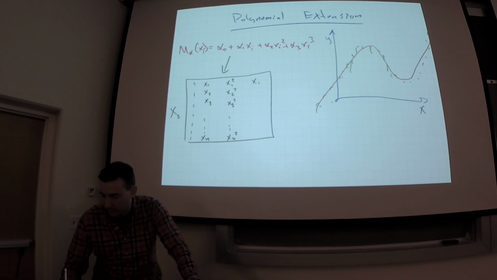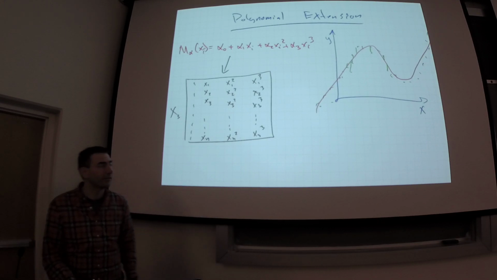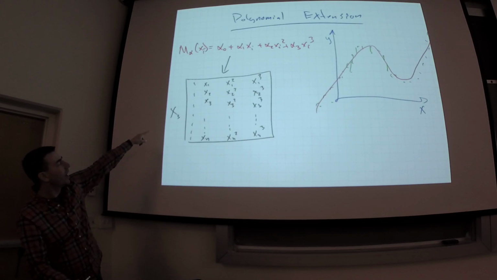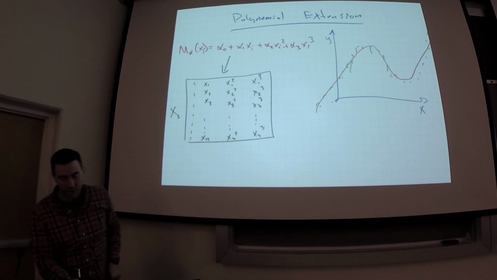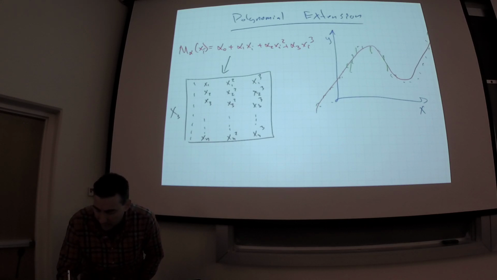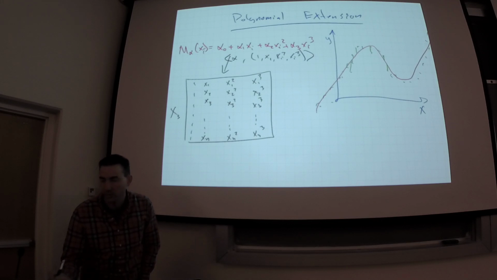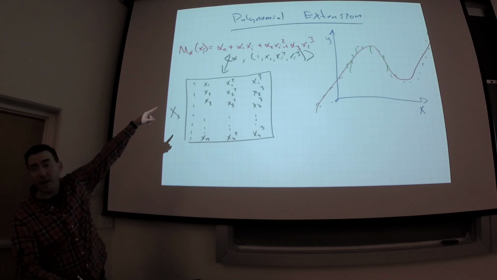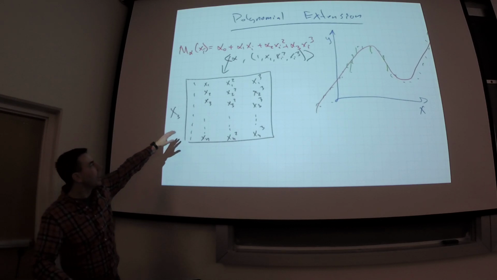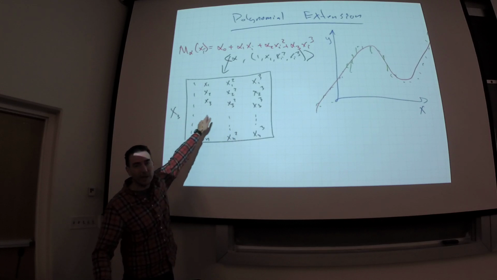And this is x1 cubed, x2 cubed, x3 cubed, up to xn cubed. So I've created a new matrix. And the model is actually a dot product between alpha and 1, xi, xi squared, xi cubed. So the model is still a dot product with a row of this matrix.